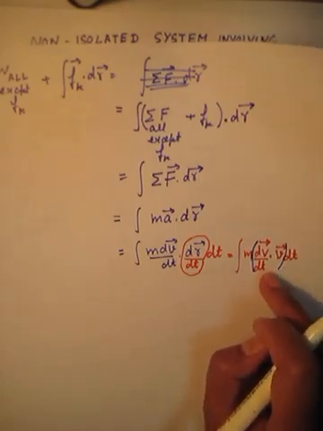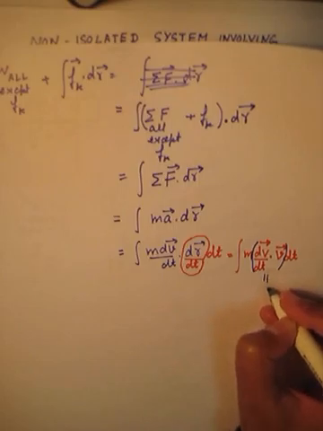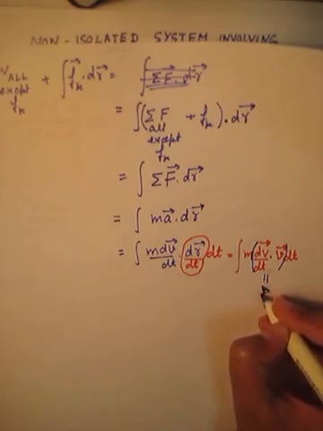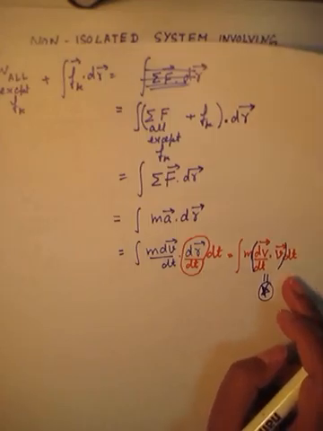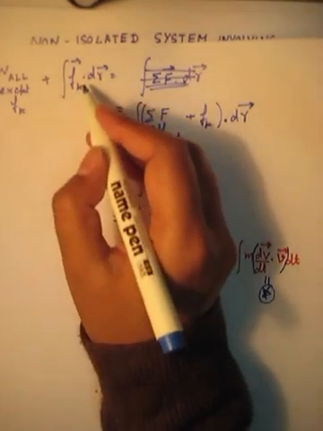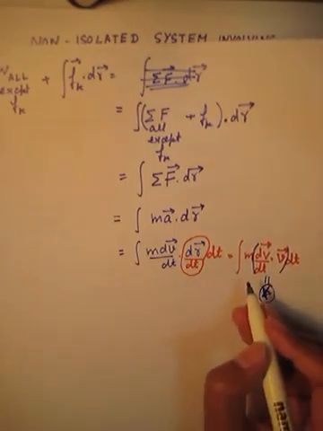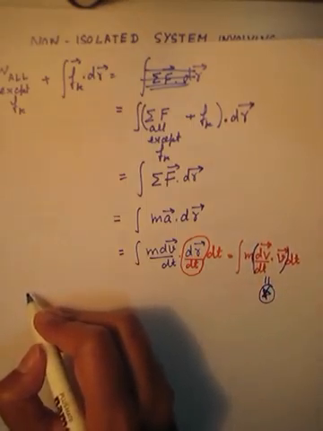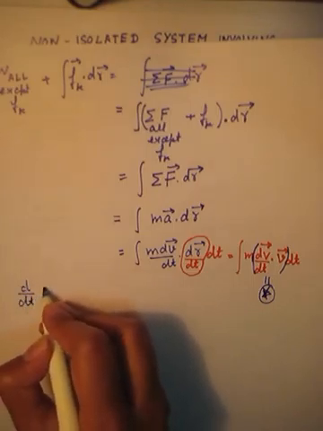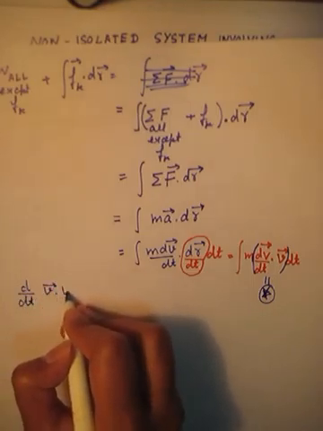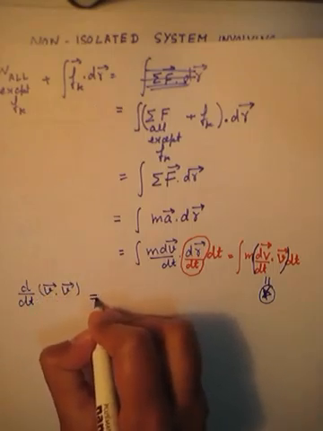Okay. So in order to find this, let us say that this is equal to star. Okay. So we are going to find this first, and we are also going to find this term also. But let's focus on finding this one first. So in order to find star, let us say that we are taking a derivative of v vector dot v vector. Okay. So what will it be?